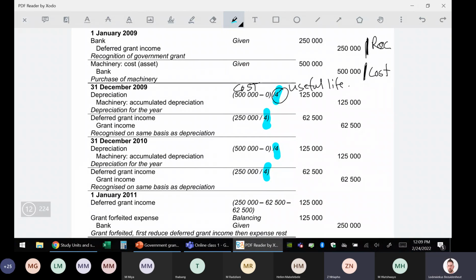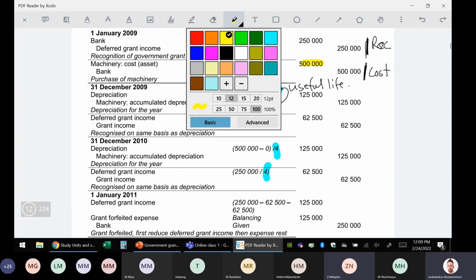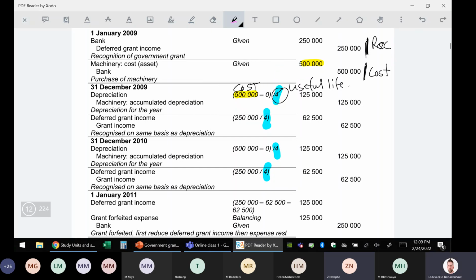we don't deduct the grant from the cost of the asset. So the cost stays 500 and we will calculate depreciation on that. Because the grant is shown as deferred income, we will show the grant of 250 over the same useful life as what we use for the depreciation.